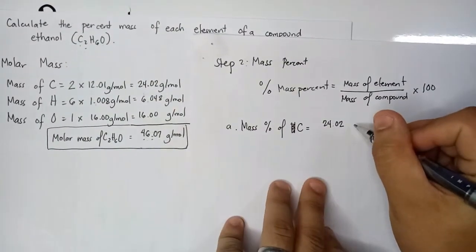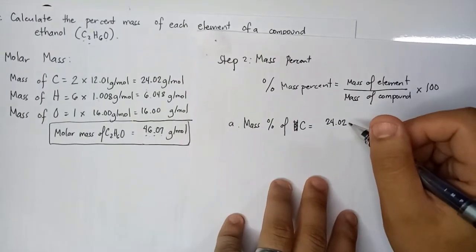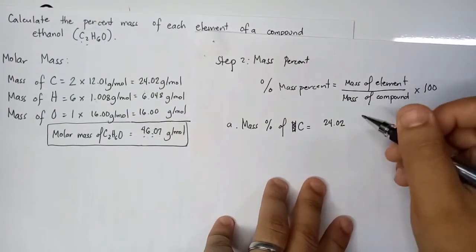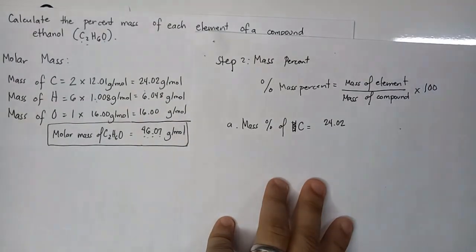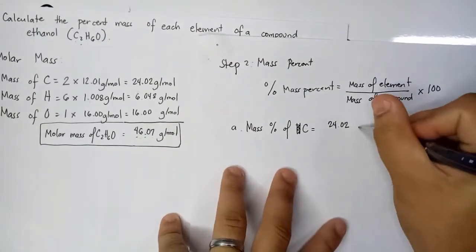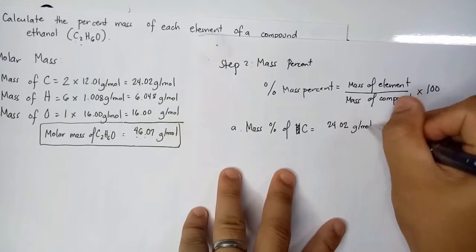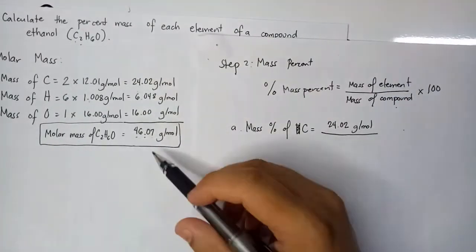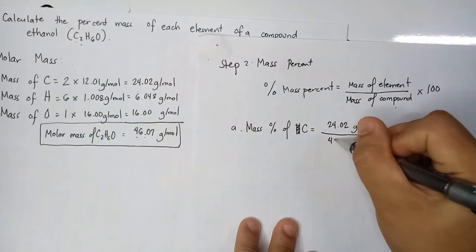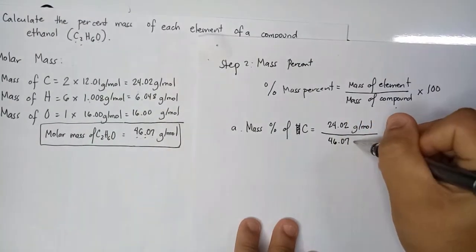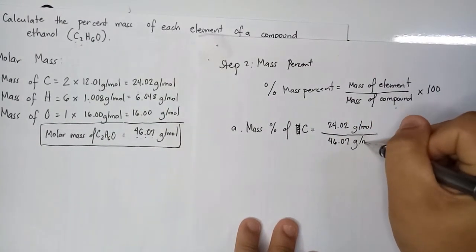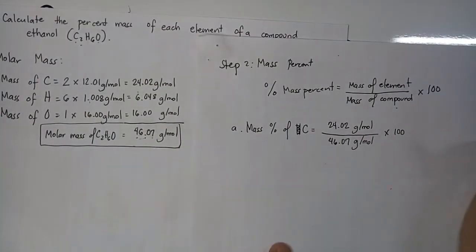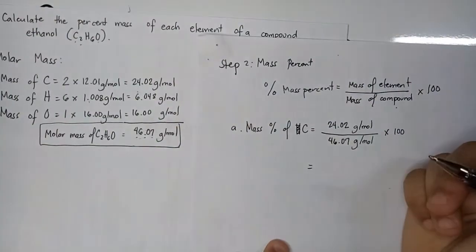Gram per mole divided by mass of a compound, ito yon, 46.07 gram per mole. Then times natin siya sa 100% to get the percentage.